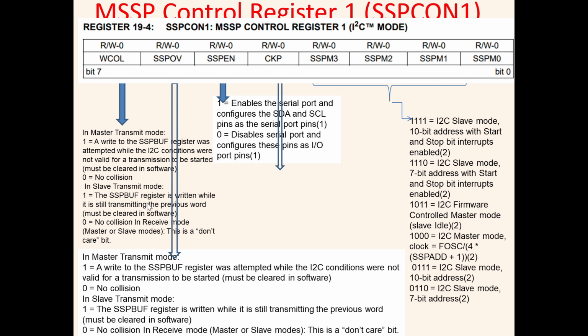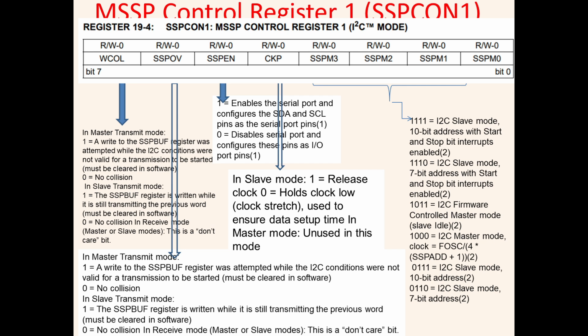Now SSPEN: to enable your MSSP module under I2C mode, you have to utilize this SSPEN, where you specify the SDA and SCL. Putting this bit as 0 disables SDA and SCL, and putting this bit as 1 enables the SDA and SCL lines.